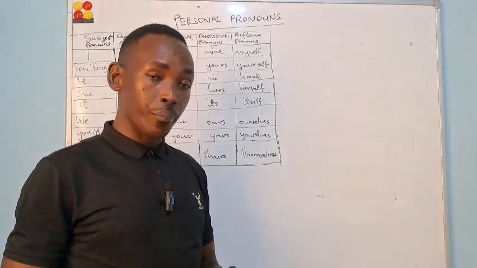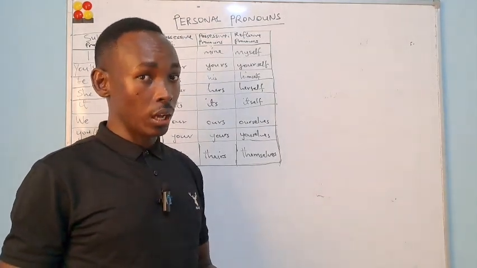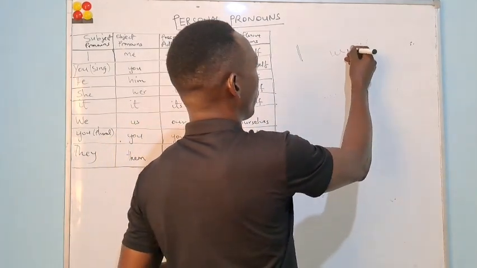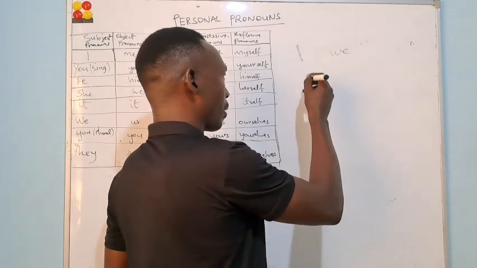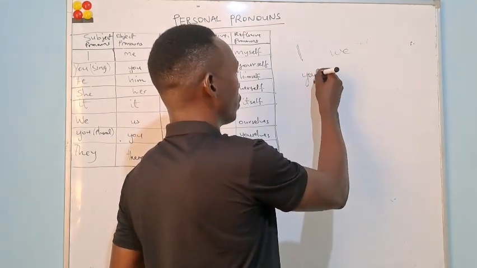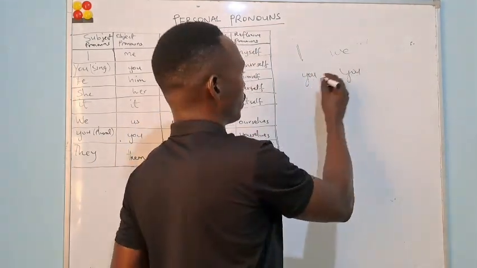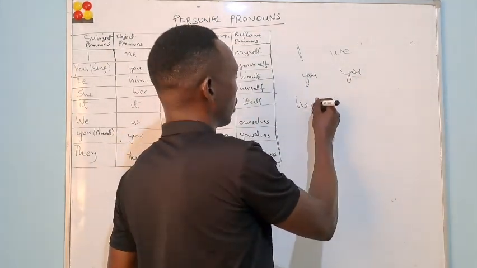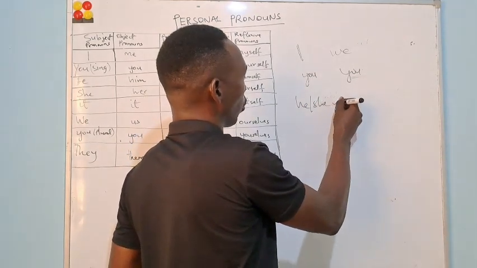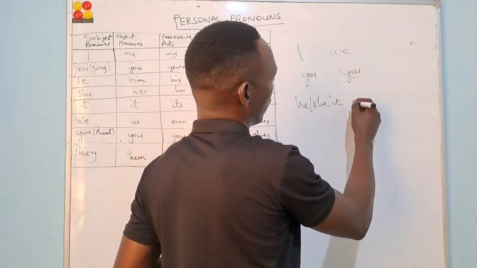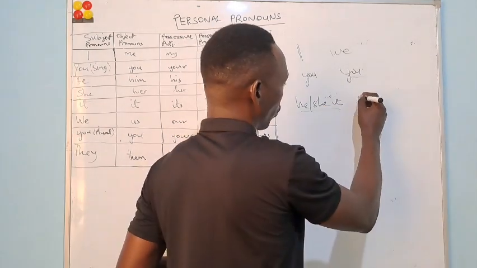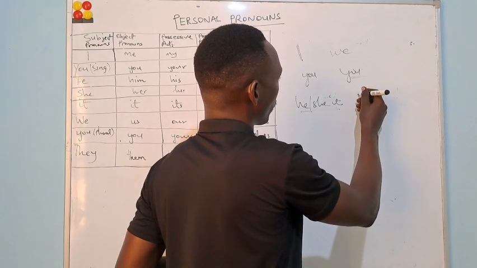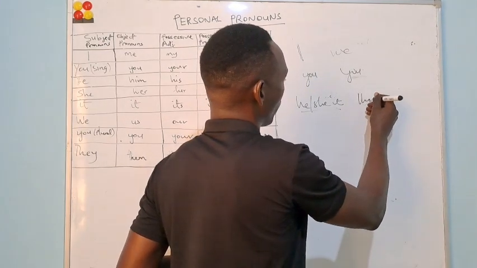the basic personal pronouns, which are first person I, singular, we, plural. Second person you, singular, you, plural. Third person pronouns like he, she, it, singular, and the plural form of this is they.